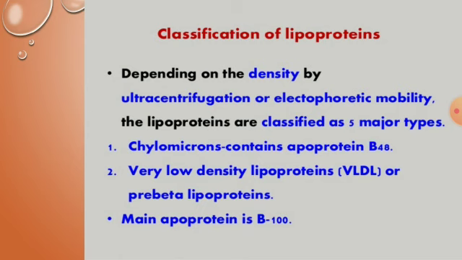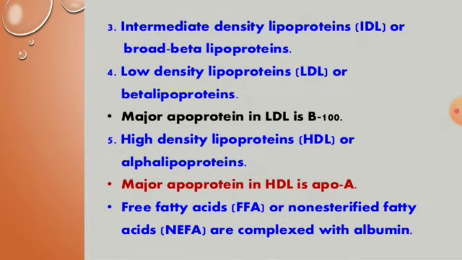Next, very low density lipoproteins, simply called VLDL, or pre-beta lipoproteins. The main apoprotein in VLDL is B100. Next, intermediate density lipoproteins, simply called IDL, or broad beta lipoproteins.